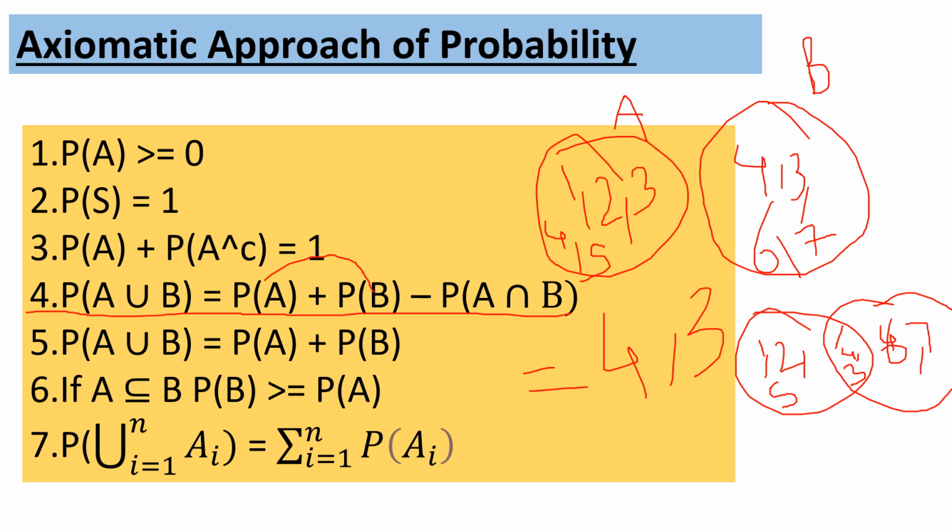Right? Now, what happens when we take A union B? The probability of A union B is equal to probability of A plus probability of B minus probability of A intersection B.